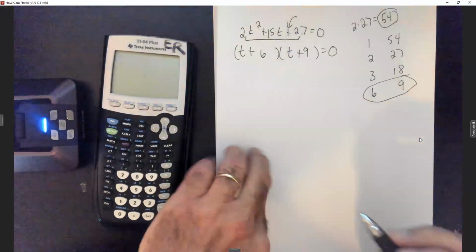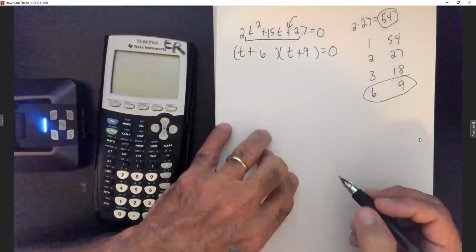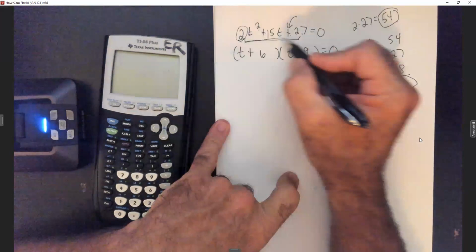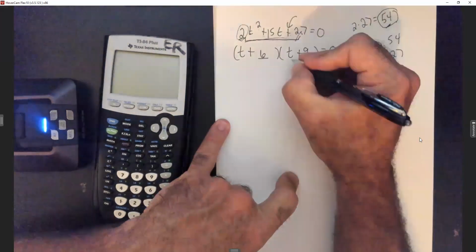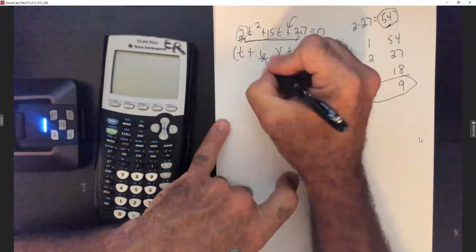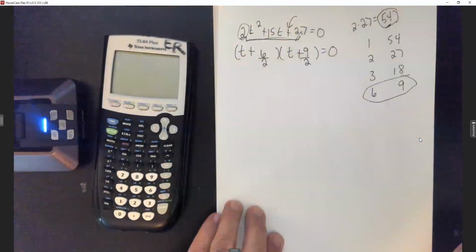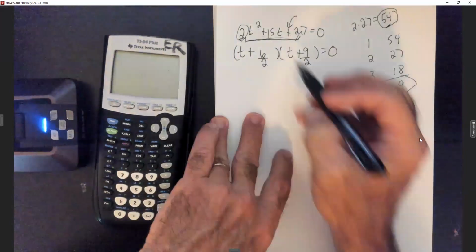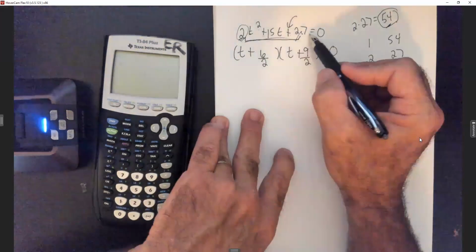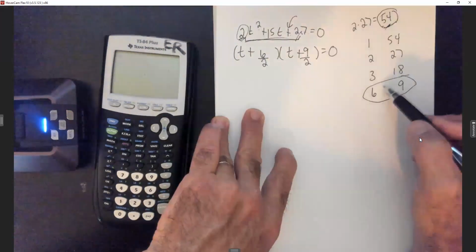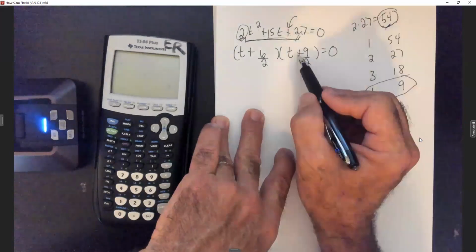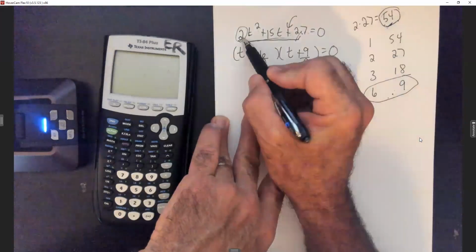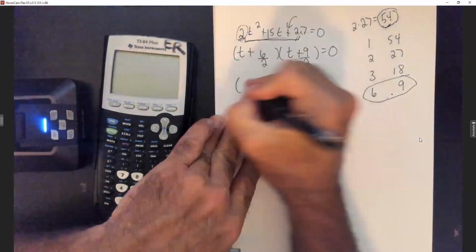Now here's the thing on the no fuss method. When you have to borrow this 2 and multiply by the last number to get a product, you got to divide the 2 back out of both of these numbers. Okay? So you borrow the 2, multiply by the last number to get a product, find the factors. Once you got your factors, you got to divide both factors by that 2 that you used before. Now, will these factors simplify?